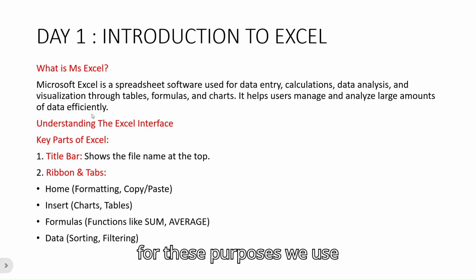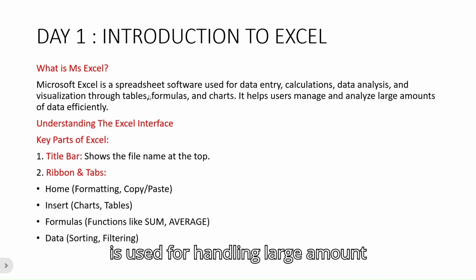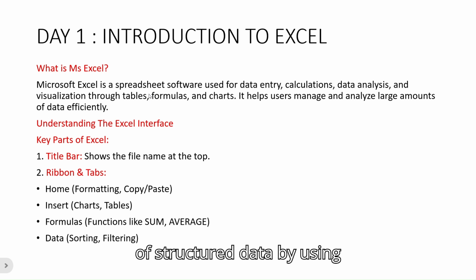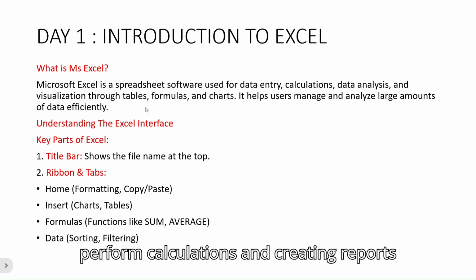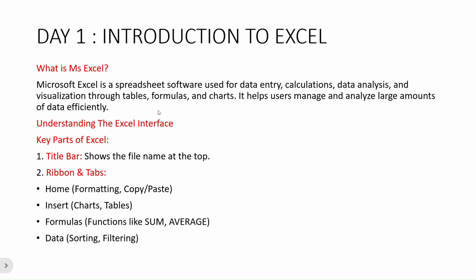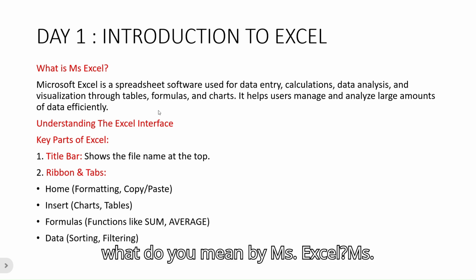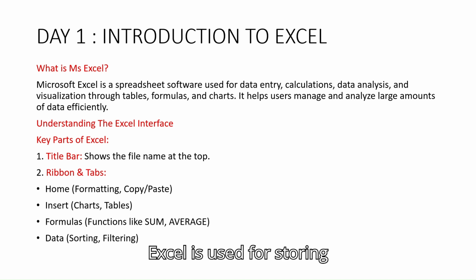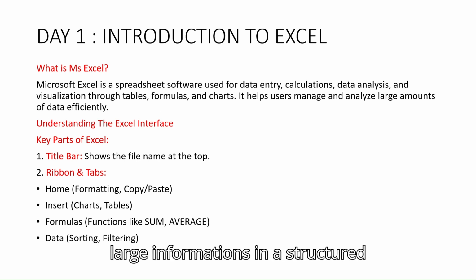For these purposes we use MS Word, but MS Excel is used for handling large amounts of structured data, performing calculations and creating reports with formulas. So what do you mean by MS Excel? MS Excel is used for storing large information in a structured manner.